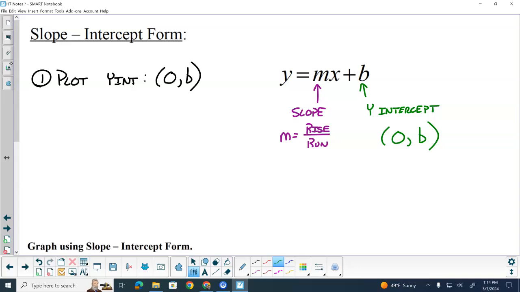Can we reword that? Where's the b always in the equation? Or in other words, the slope has something with it in the equation. Where's the b always in the equation?